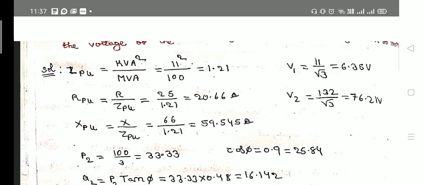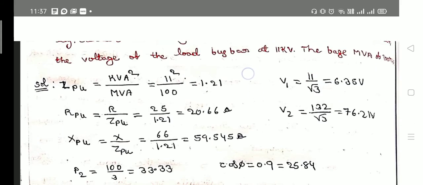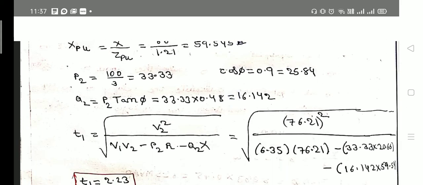P2 also we can take per phase, that is 100 by 3, 33.33 megawatts. Cos phi is given as the power factor, 0.9 power factor, so first calculate the phi value, then substitute in tan phi, then we will get the tan phi value.